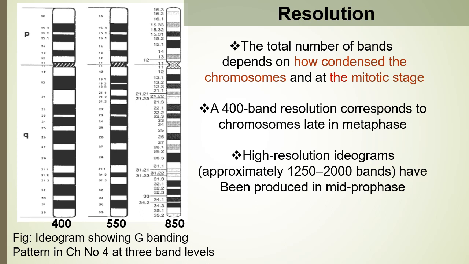In the diagram, the same chromosome is shown with 3 different band resolutions after staining with Giemsa. The first is shown with 400 band resolution, the second with 550, and the third with 850. So if the resolution is more, the number of bands will be increasing.